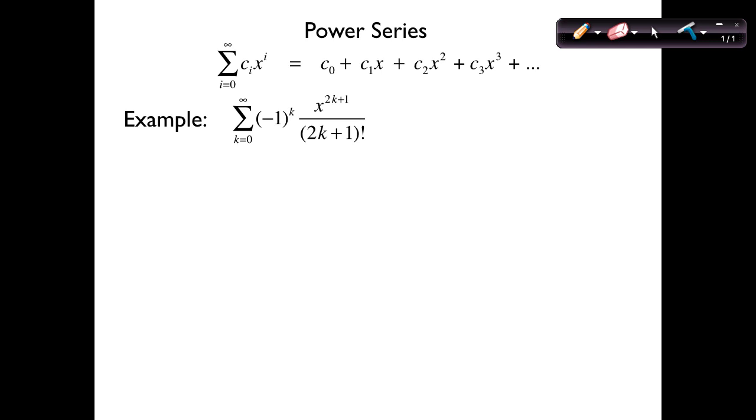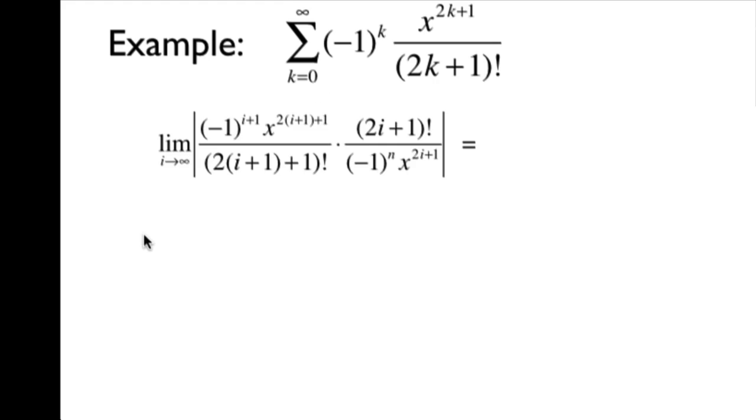Use the ratio test to figure out for what values of x this power series will converge. Okay, check and see if you agree with the first step here. Except this would be negative 1 to the i, there's an n there, it's n to the i.